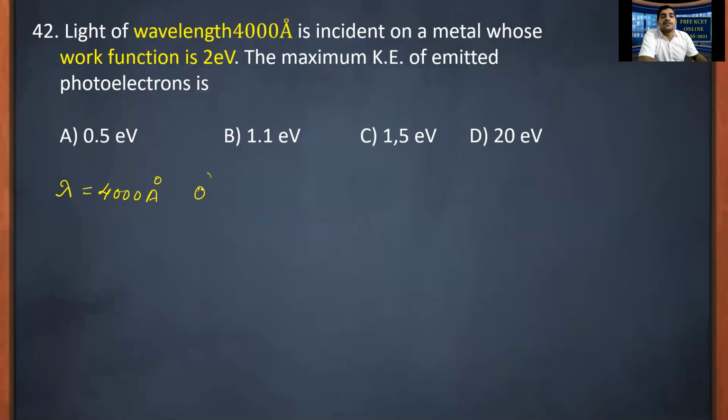Then the work function is 2 electron volt. Then the maximum kinetic energy emitted. What is the formula for K maximum? K maximum is equal to hc by lambda, that is energy of photon, minus the work function phi.